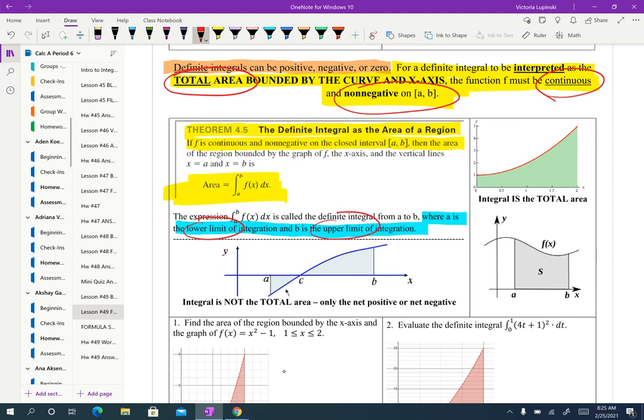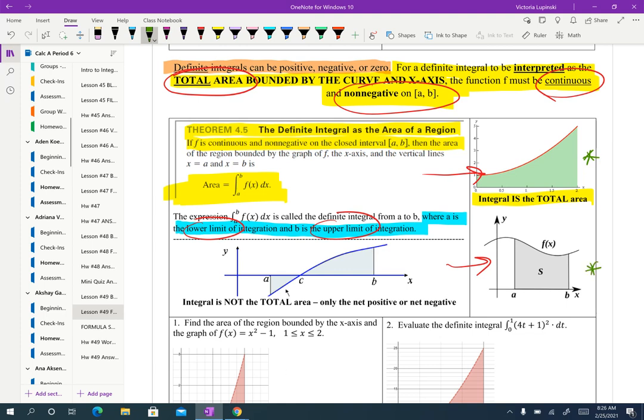So to see this in action, you're going to look at the two examples over here on the right-hand side. Both of these are examples where the definite integral is the total area. So the one at the top, you're finding the definite integral from 0 to 2 between that red curve and the x-axis. Because it is continuous and entirely positive, whatever answer you get algebraically will represent the total area.